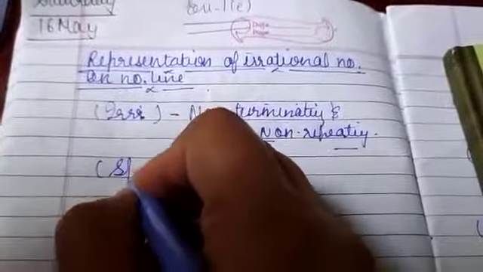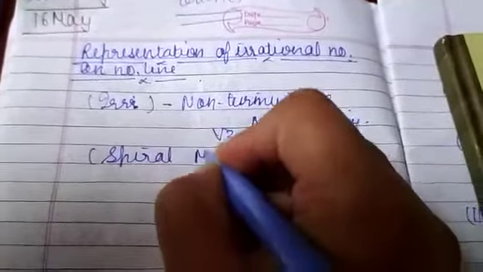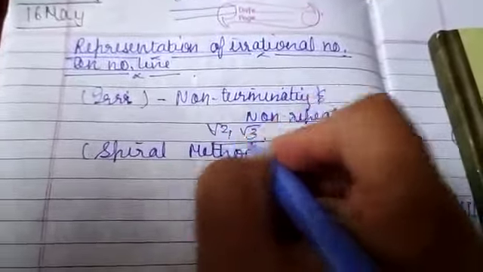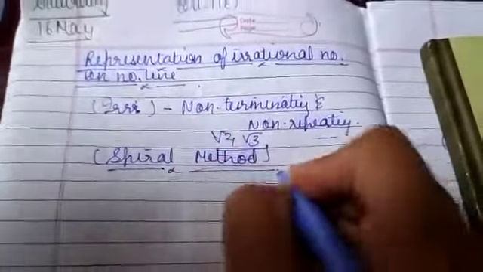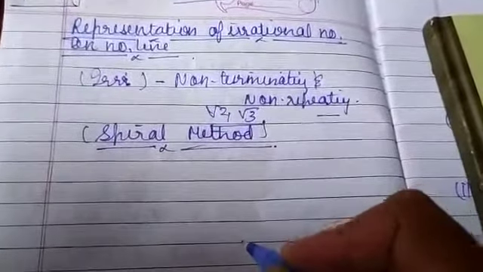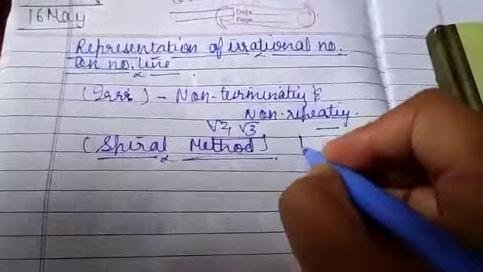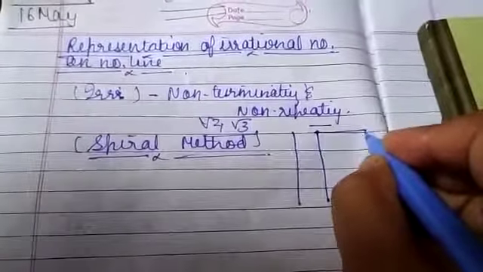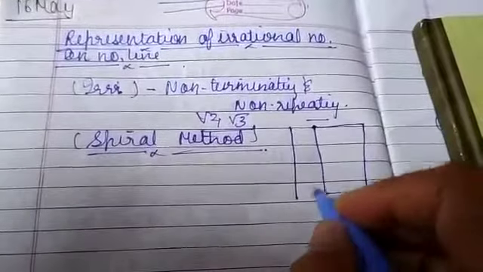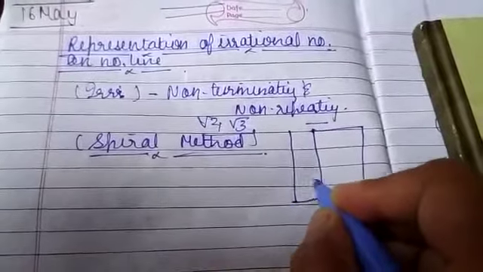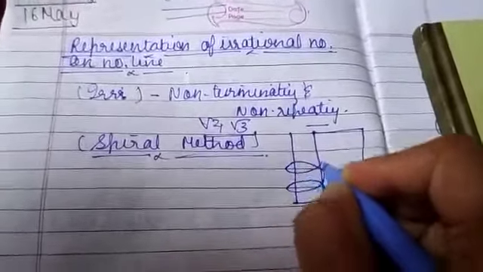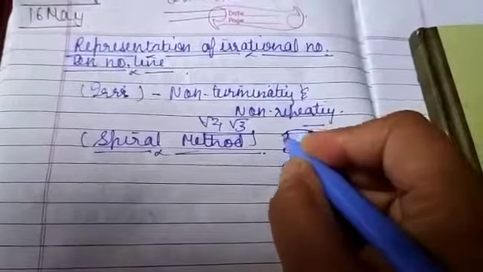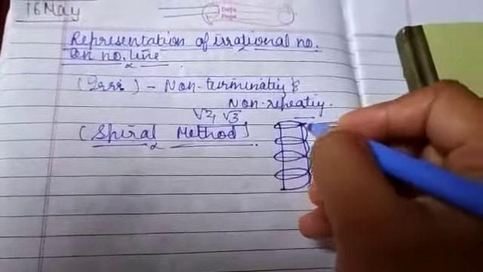Today I'll teach you the method that is the spiral method. Which method am I going to teach you today? The spiral method. What is spiral? All of you know what a spiral is? You might be knowing. Suppose you have all seen notebooks which have spiral binding. Spiral binding starts like this from the bottom and goes on, and when it gets finished, it stops there.